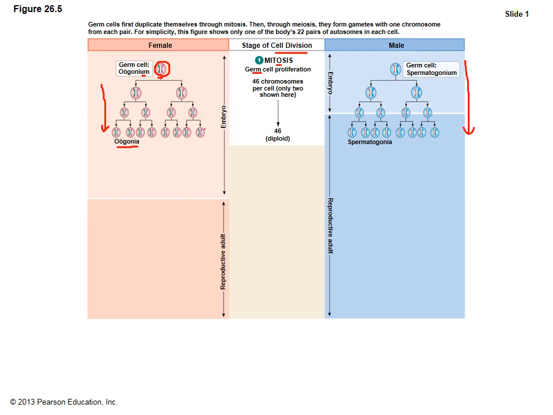So the daughter cells each have the exact genetic composition of the parent cell. Basically, in both sexes, the germ cells within the embryonic gonads are undergoing a series of mitotic divisions in order to increase their numbers.